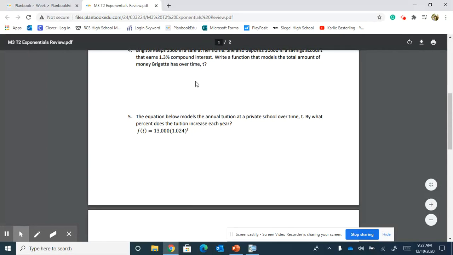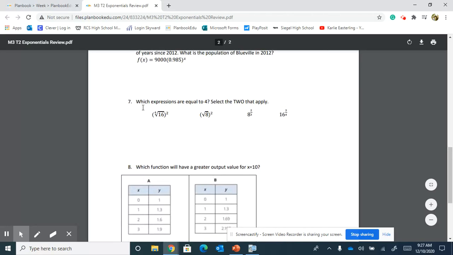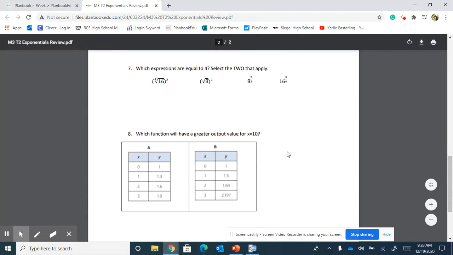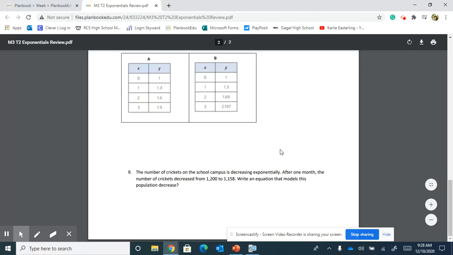Number 4, 5, 6 are all from notes from today. You're just looking at those functions and determining what it is. Which of the expressions equal 4? Plug them in your calculator, figure out which one equals 4. Which function will have a greater output at x equals 10? You're going to have to make equations for these to figure that out. And then number 9 is also from the notes from today.